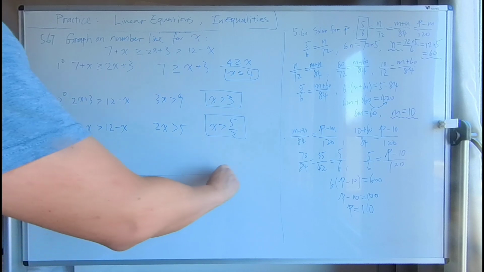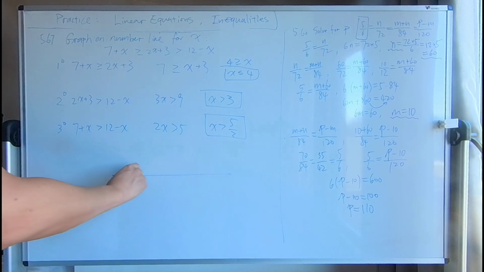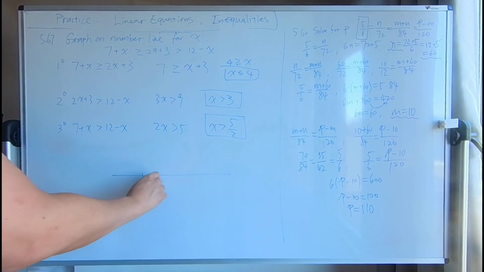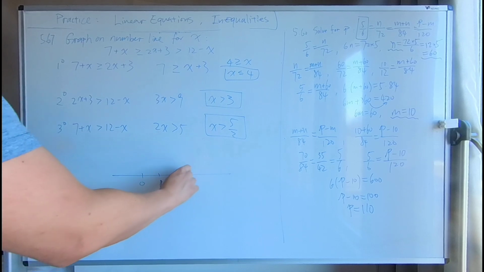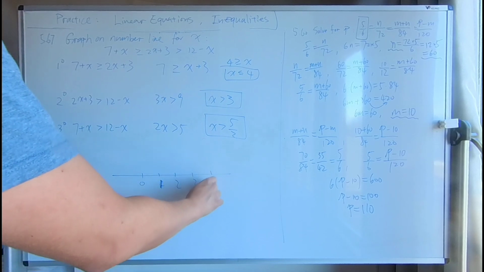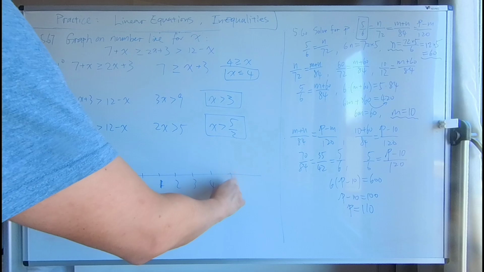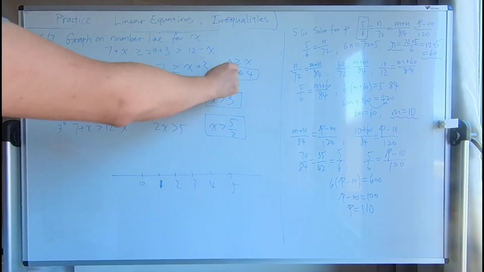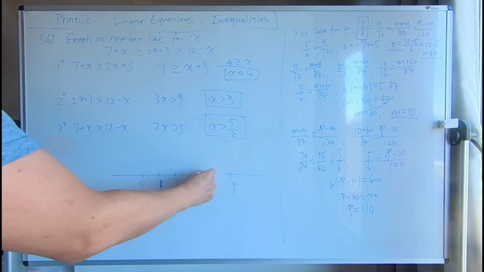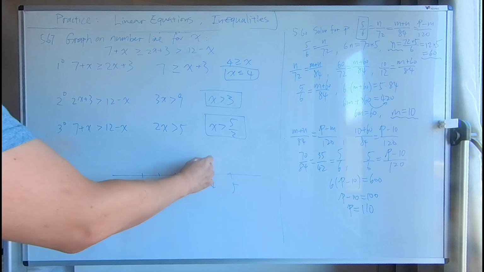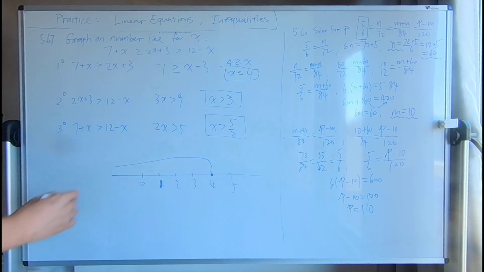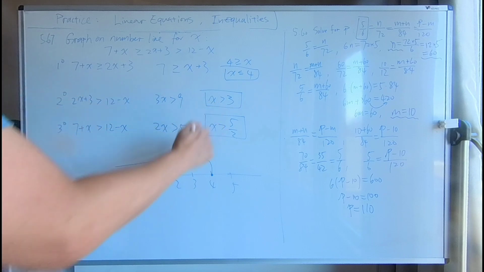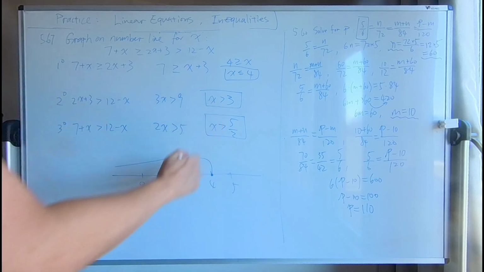Then let's try to plot or to draw the range. First one, I got x less than or equal to 4. So I have a solid dot and go this way because the less than. And the second one, x is greater than 3, but not equal to 3.